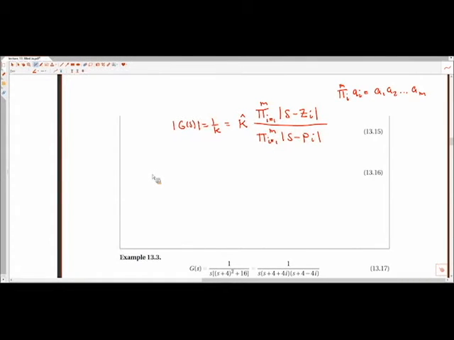So the phase of g of s is equal to the sum of the phase angles of that value of s minus the zero locations, minus the sum of the phase angles of all the poles, and this has to be equal to 180 plus 360 p, or p minus 1, where p is an integer.